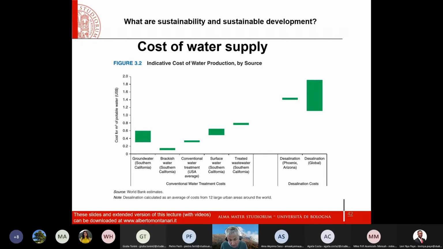Groundwater usually is more readily available. Surface water, you need to deliver it. You also have to take into account the possibility of experiencing an extreme, like I was just saying, the long-term droughts.